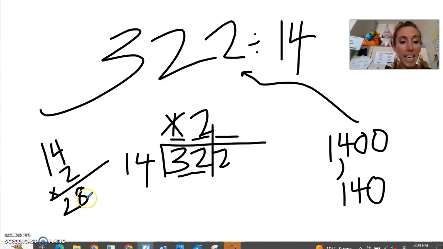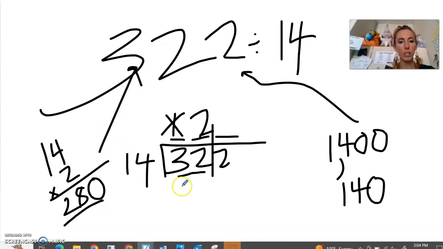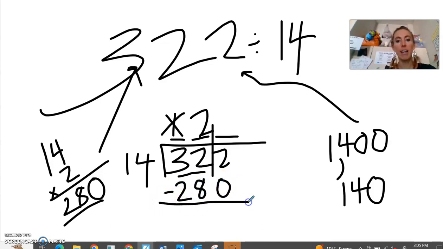And 28 is super close. Now, remember, this is a 20, so I attach my 0, and I'm at 280, which is very close to 322. So I'm going to go ahead and stick with that and subtract and see what I have left to divide. Can I get any more 14s out of it?